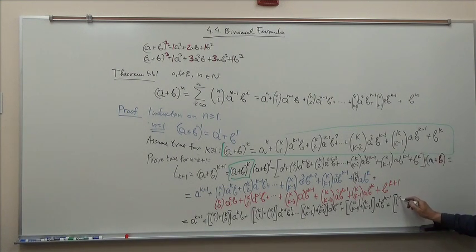So k choose k plus k choose k minus 1, a b to the k, and plus this guy has only 1, I'll write it as what? K plus 1 choose k plus 1, b to the k plus 1.